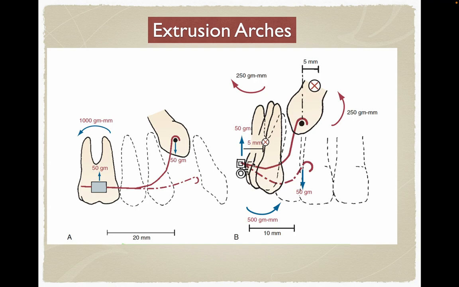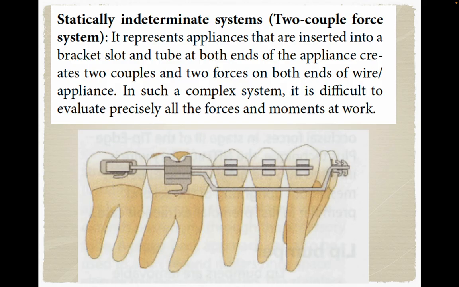So now we are understanding exactly what the forces are when we do extrusion. This tooth will have intrusion and rotation in the counterclockwise direction. The canine will be intruded and it will rotate as well, go palatally, while the molars will flare buccally as well. That's again a determinate system of force.